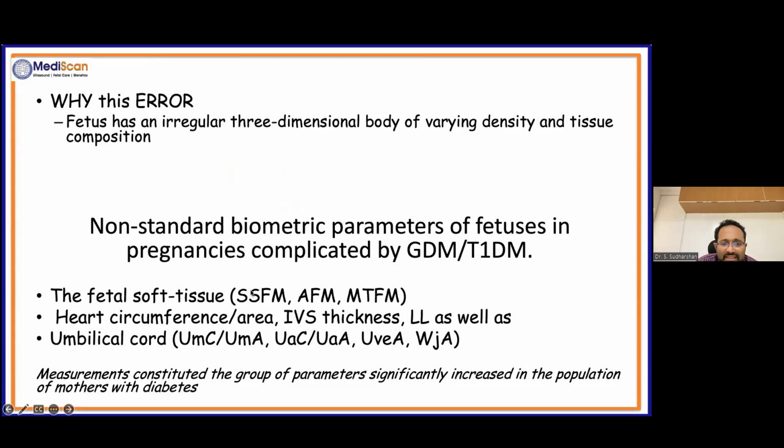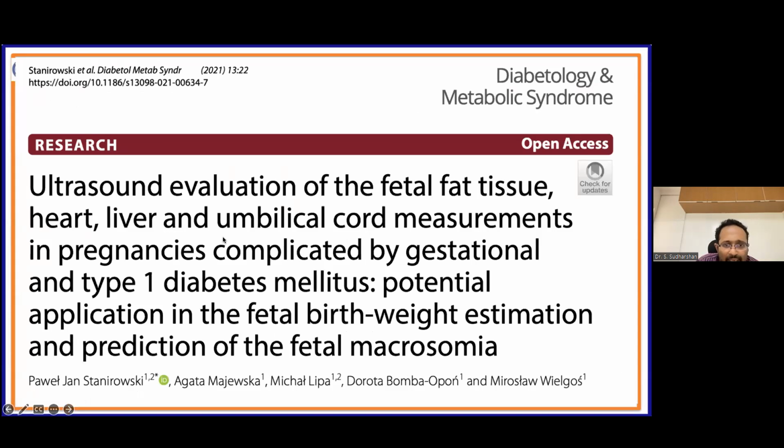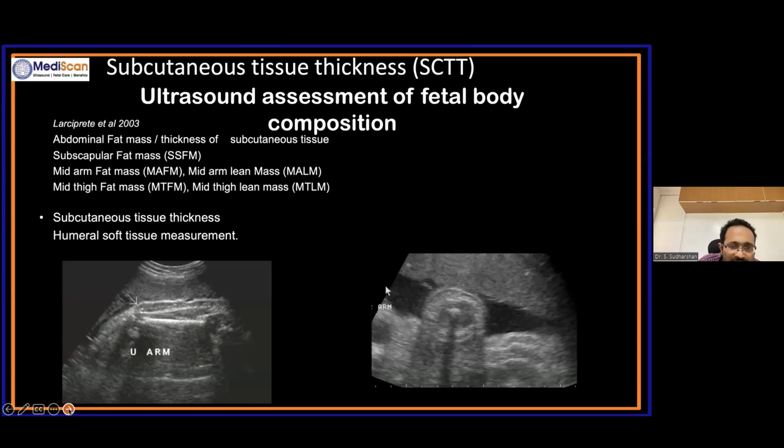These utilize soft tissue masses, abdominal wall thickness and mid-thigh fat masses. This publication, which came last year, looked at ultrasound evaluation of fetal fat tissue and cord measurements in type 1 diabetic and gestational diabetic pregnancies, and whether incorporating this in a formula can make the weight estimation better.